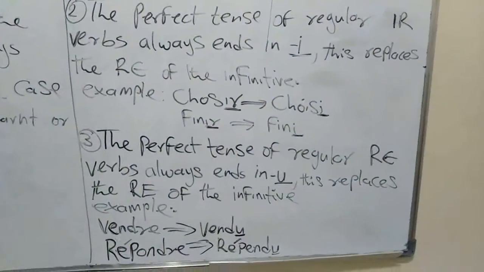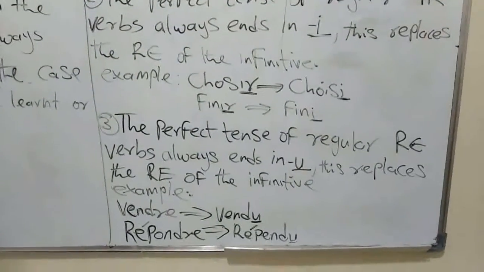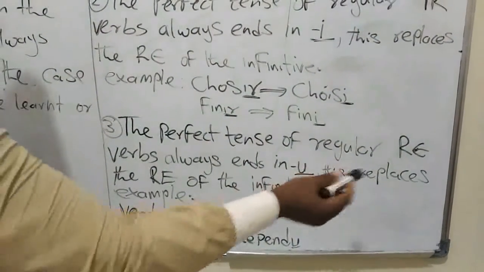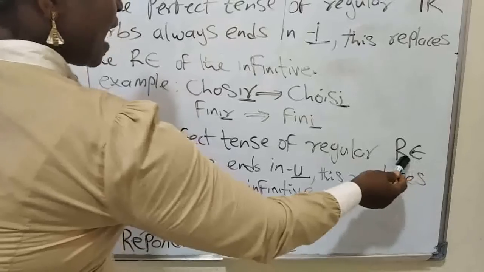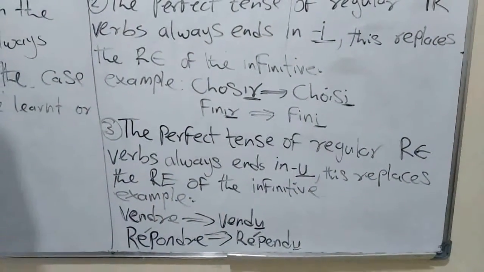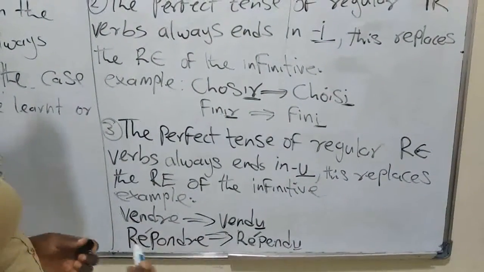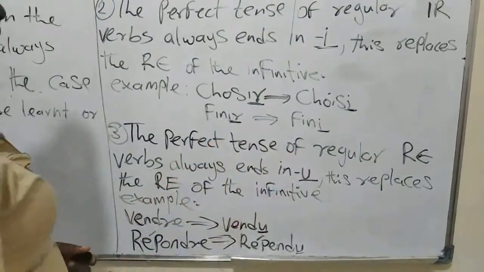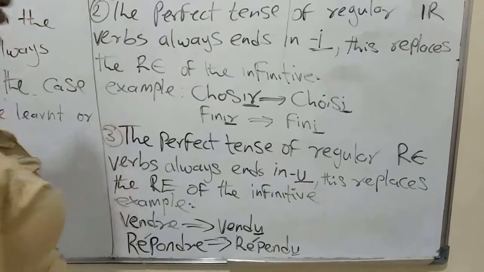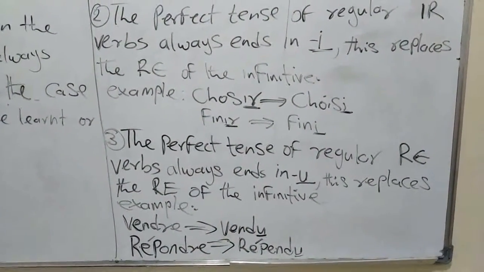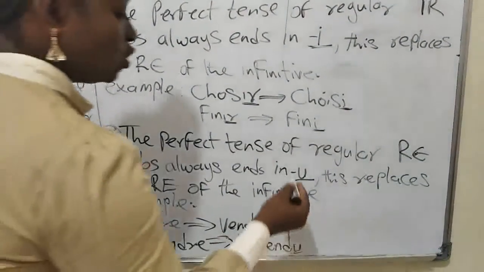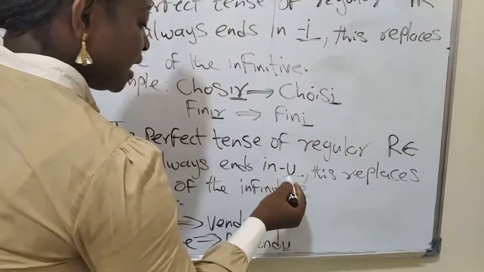The same thing goes for the verbs that end in RE. These verbs that fall under this group take their participe passé ending in U, like you can see here.